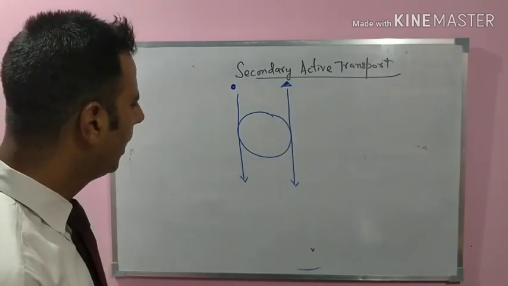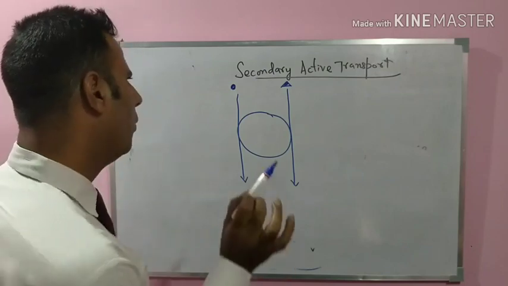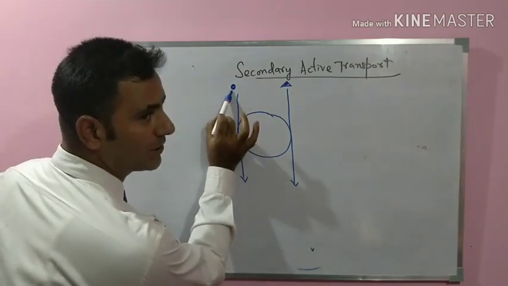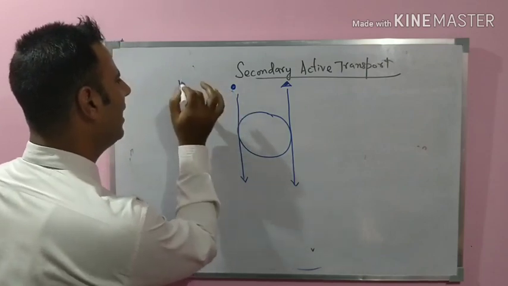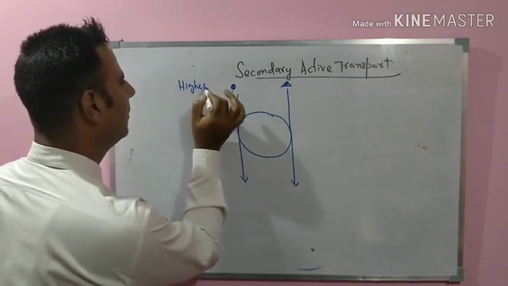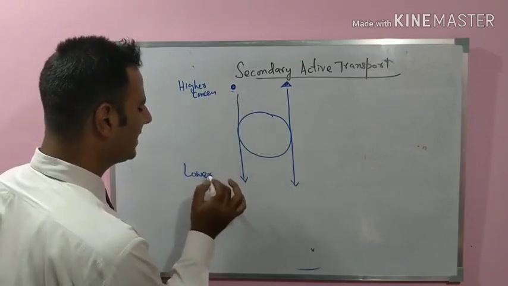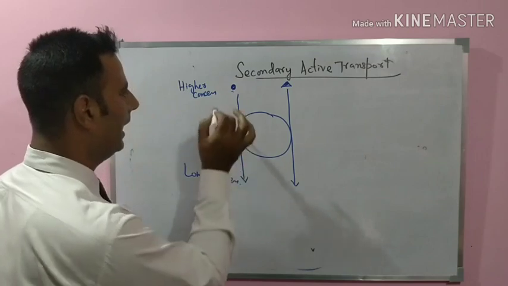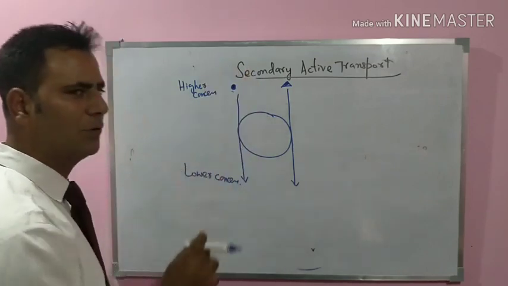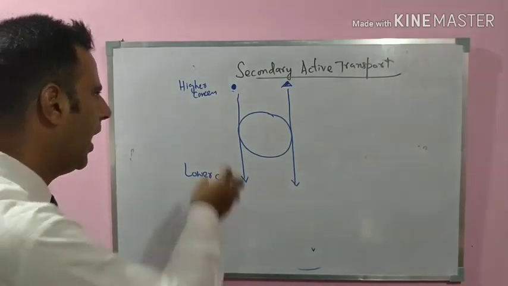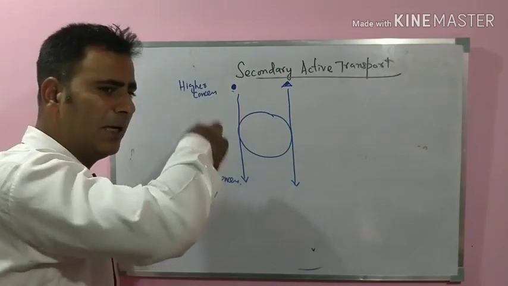For example, in case of secondary active transport, one of the substances will be moving from an area of higher concentration to the area of lower concentration. A particular substance, one substance will be moving from an area of higher concentration to the area of lower concentration, down the concentration gradient, down the electrochemical gradient.